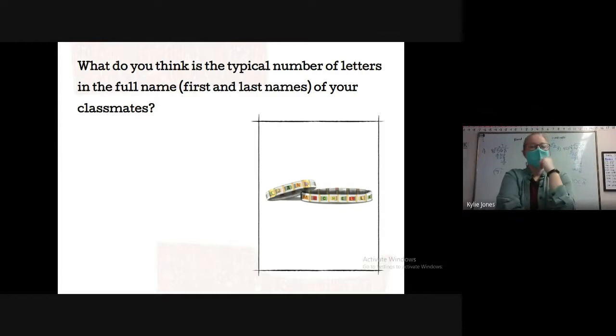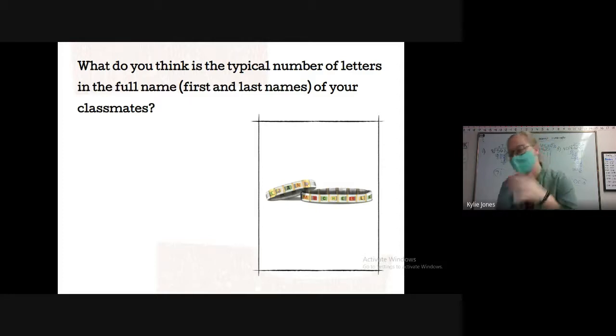So, what do you think is the typical number of letters in the full name? The first and last name, not middle names, just the first and last names of your classmates. So think about yours. Count how many letters are in your first and last name. Do you think you're in the middle, on the top, on the bottom? Keep it to yourself for a second. Want to know something weird? All my first names have 6 letters in them. That's cool.